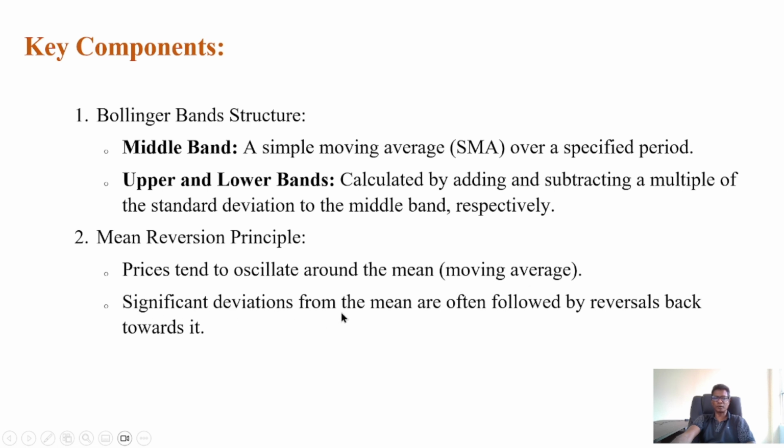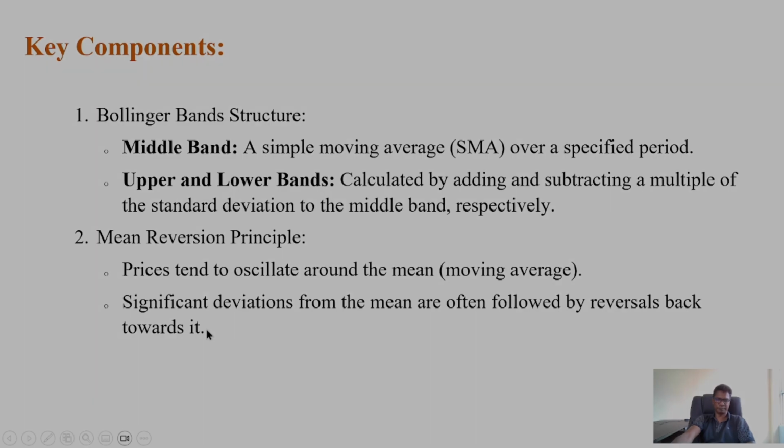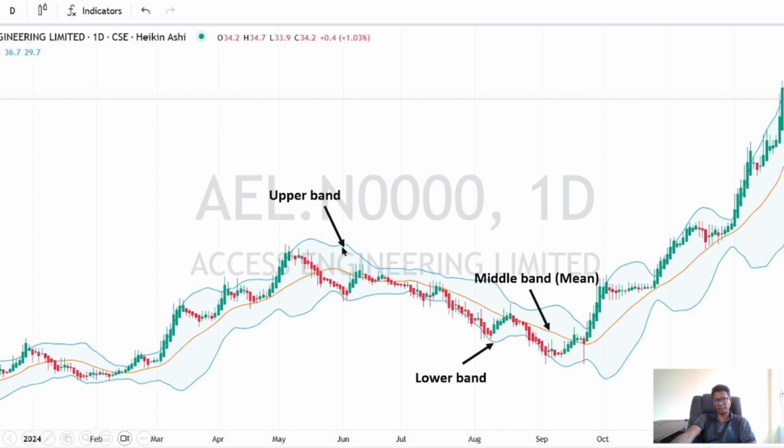Significant deviations from the mean are often followed by a reversal back toward it. In this chart you can see the upper band, middle band and lower band, and the reversions also. This point, this point, this point, and all these points are reversion points.